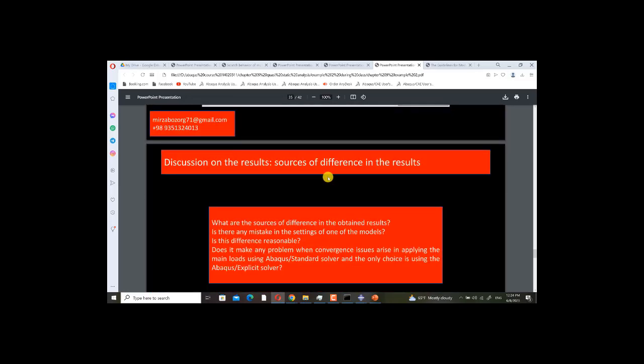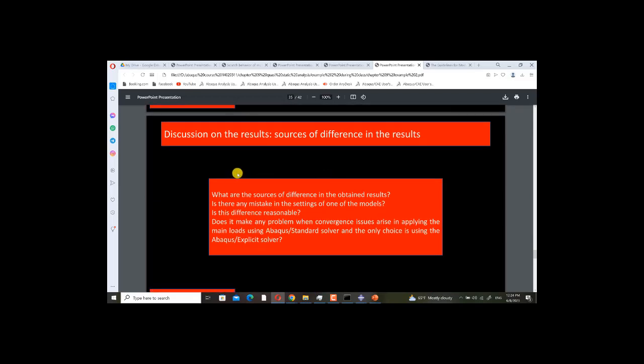And here I want to talk about what the sources of difference in the obtained results are. Is there any mistake in the settings of one of the models? Is this difference reasonable, and does it make any problem when convergence issues arise in applying the material laws using the Abaqus standard solver and the only choice is using the Abaqus explicit solver?